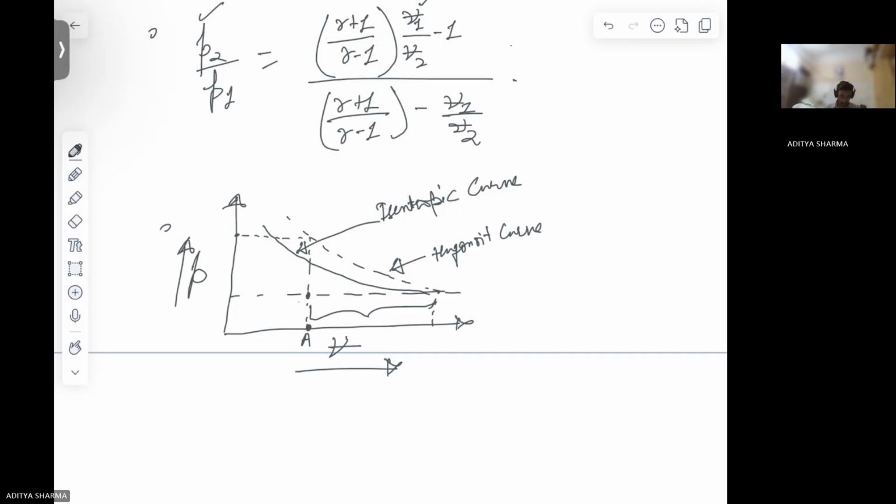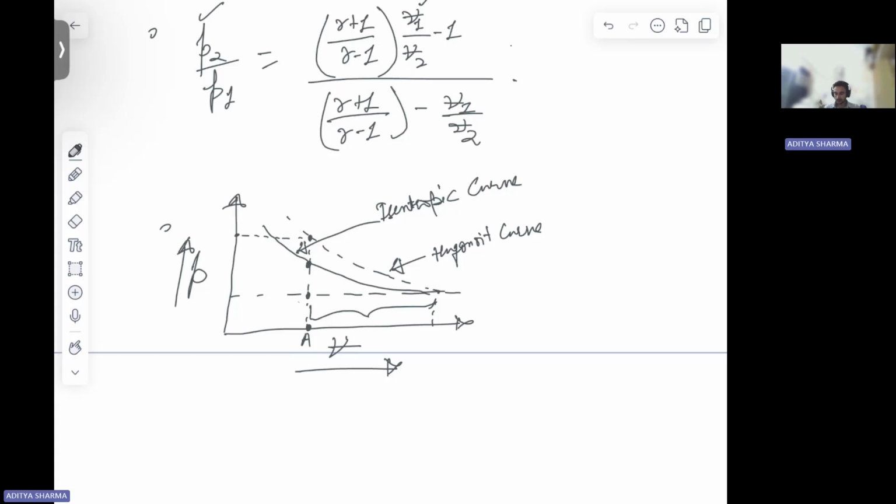But the pressure increase in your Hugoniot curve is greater than the pressure increase in your isentropic curve.